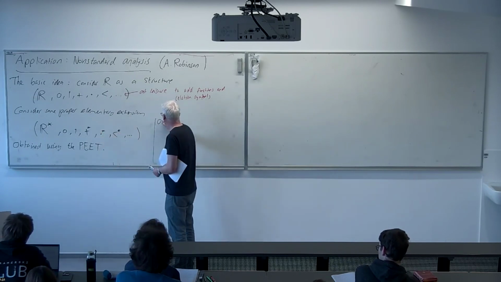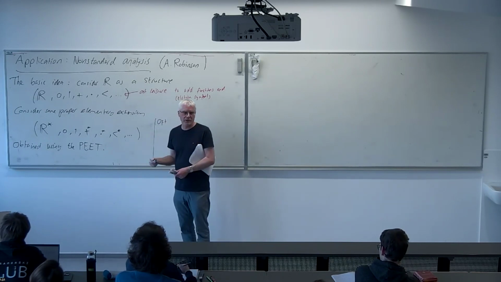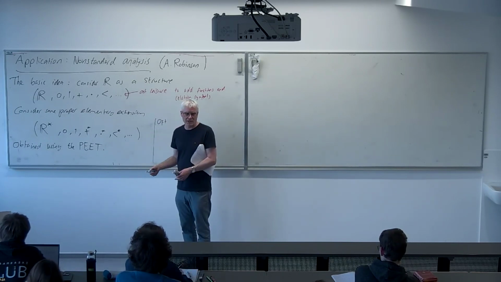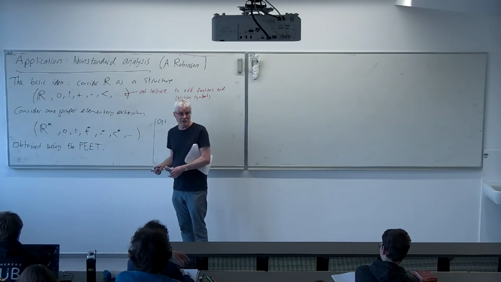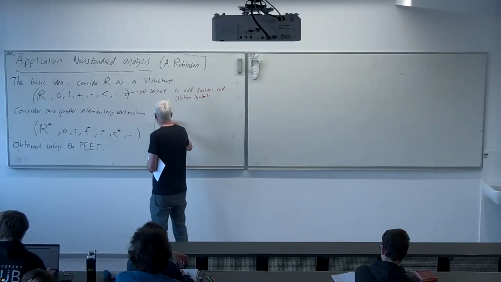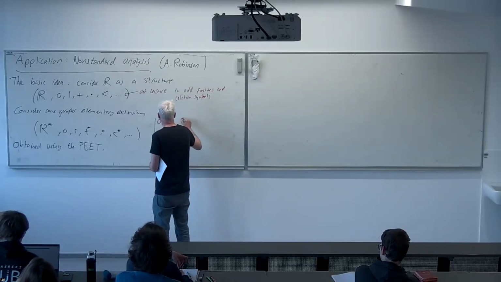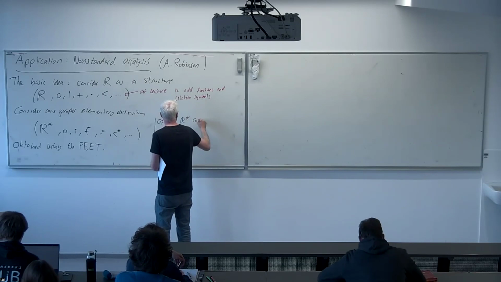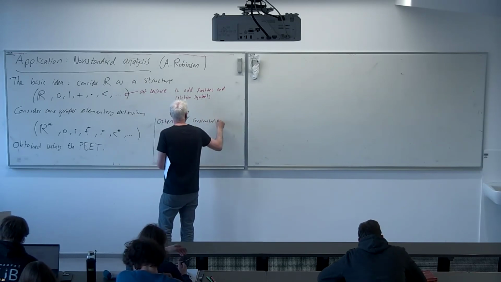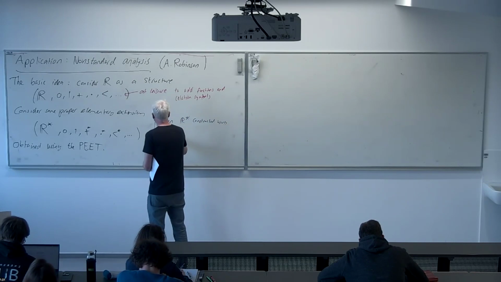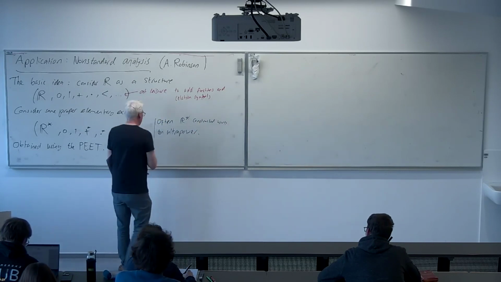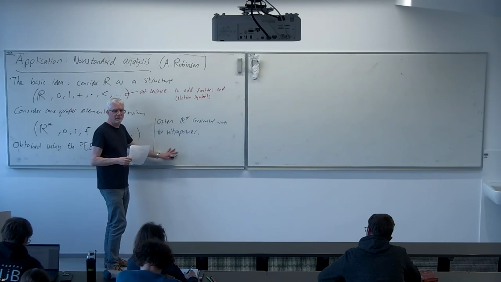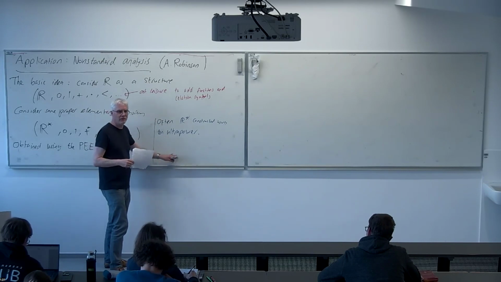Often this is based on a construction called the ultrapower construction, which is a very nice model theoretic construction, which we're not going to cover in this course, but just to say, often R star is constructed using this, and is referred to in the literature as the hyperreals.